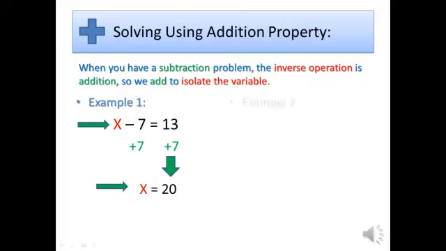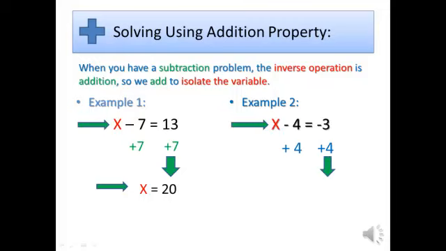Let's look at another example. Example number 2. x minus 4 equals negative 3. In this equation, again, it's a subtraction problem. So we will be adding, using the inverse operation, addition property, for solving for the equation. x is our variable. We add 4 to both sides.